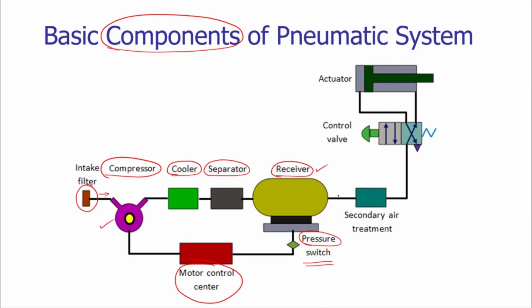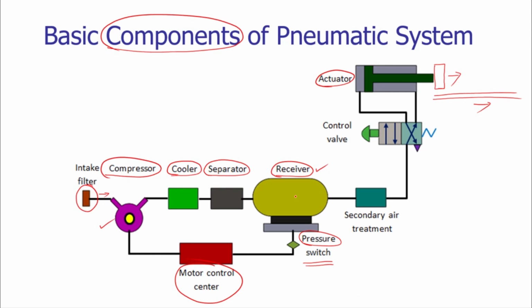The receiver is storing the compressed air energy, and that compressed stored energy we will be utilizing for the actuation, for carrying out the operation. We need to use it for certain applications. So for actuation, for carrying out certain work, we need to utilize this compressed air from the receiver.